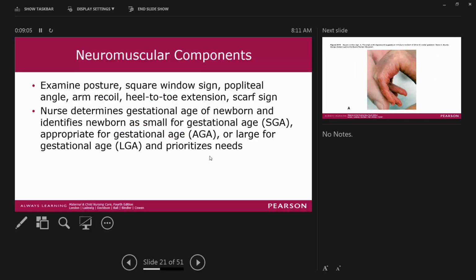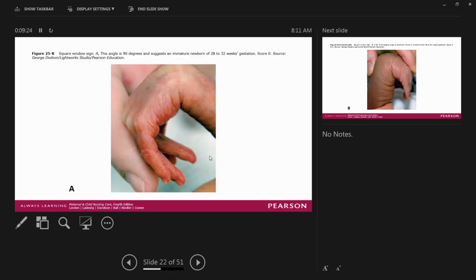Now, when we look at the neurological or the neuromuscular components, we're looking at square window, and we'll see what that means. Popliteal angle, arm recoil, heel to toe extension, and scarf hold. Okay? So we will see what those are. So this is the square window sign.